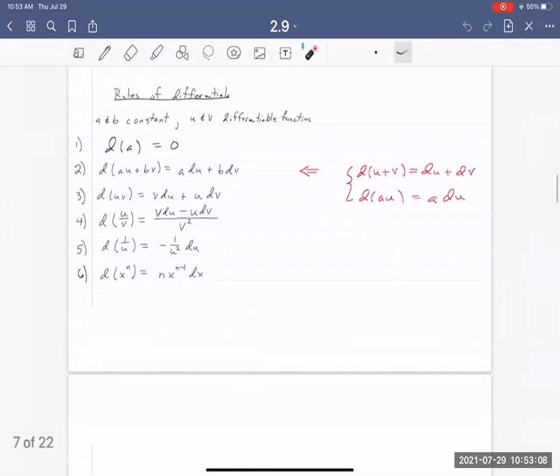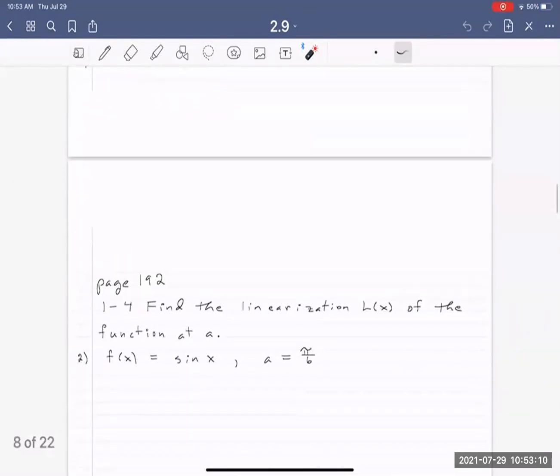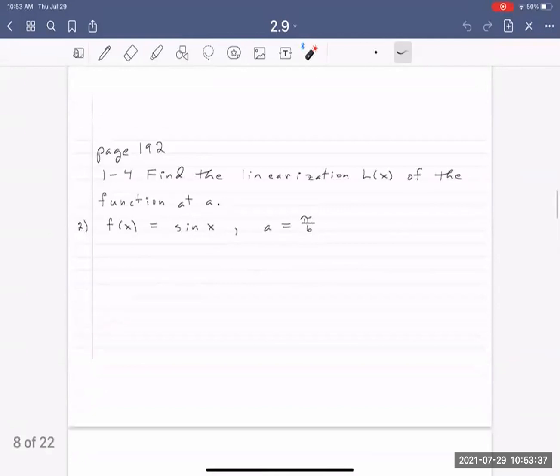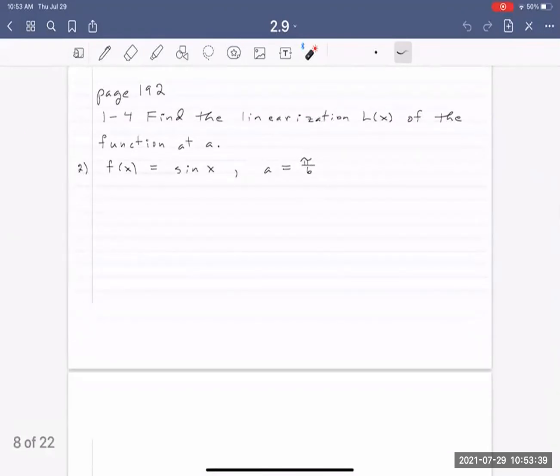It turns out that a lot of these formulas are going to be important when we start to talk not about derivatives, but about antiderivatives, integrals. Okay, so let's do some examples on page 192.